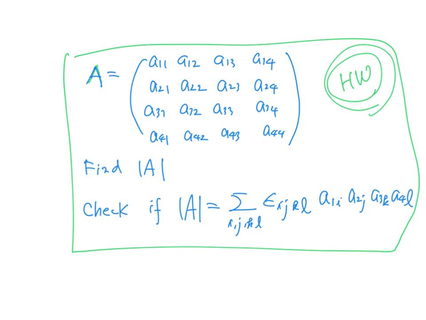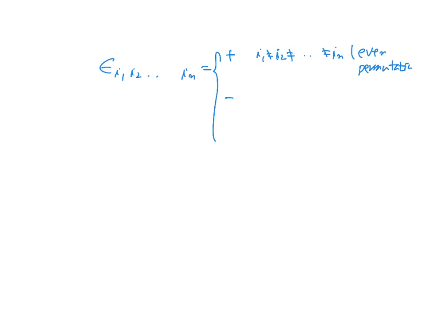So we define, since ijk is running out of indices, a new epsilon I1, I2, ..., In: plus or minus 1 for even or odd permutation when they are all different, and 0 otherwise.